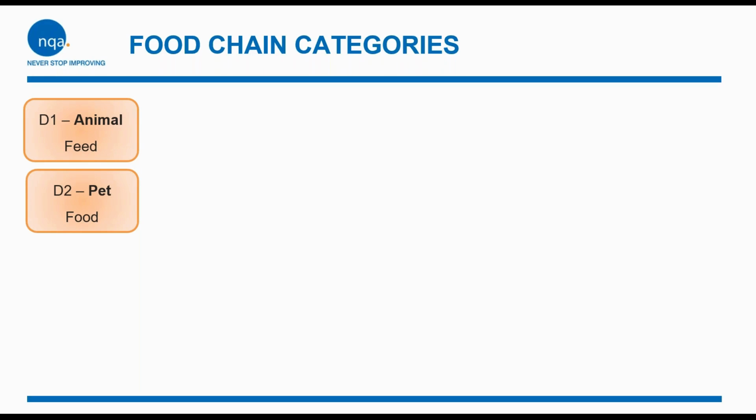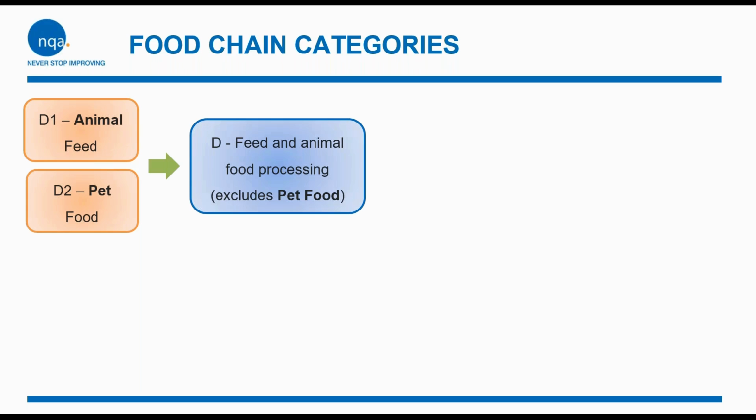The previous codes for animal feed and pet food have had a change. So D1 and D2, D2 no longer exists, it's just category D, and this is only going to include feed and animal food processing for food-bearing species. It's going to exclude pet food.